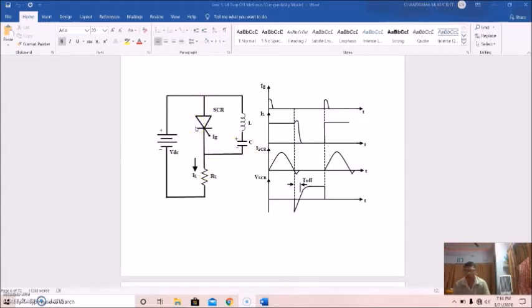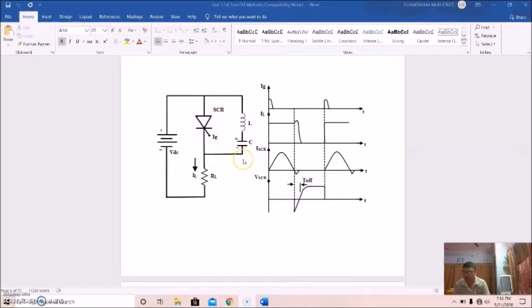The load current flows from the positive terminal through the thyristor, then the load resistance, and back. The capacitor discharge path is C, L, then the SCR, and again C negative.